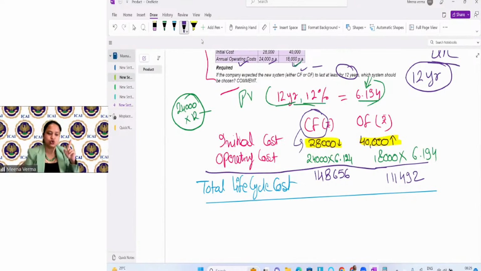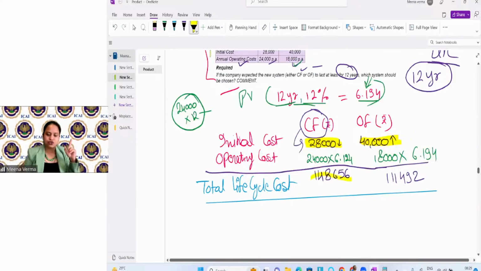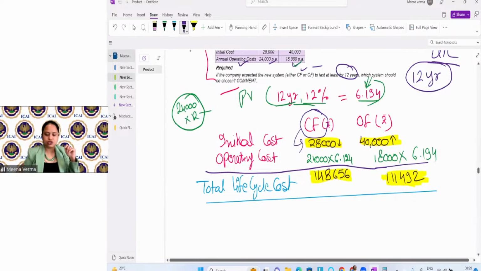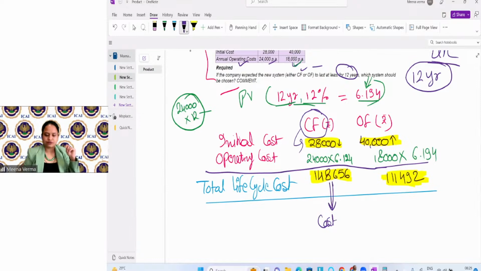But if you see the total cost, the total cost of CF is high as compared to OF. So this is the high cost. So the company should invest their money in the other product. I hope it is clear.